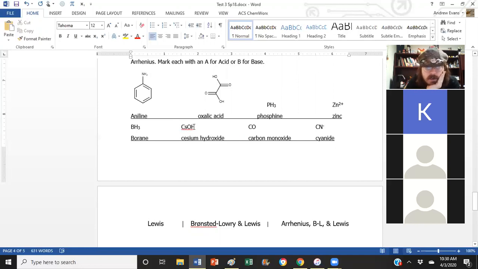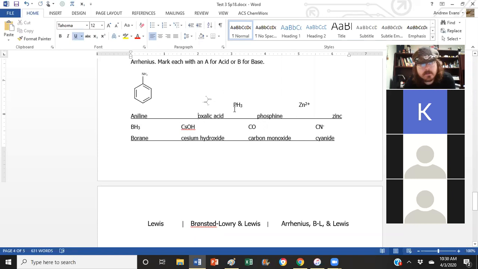So this guy would be an Arrhenius base, but this guy and this guy will be a Lewis base or Lewis acid, depending. Just looking at this, oxalic acid and cesium hydroxide are the only ones that could be classified as Arrhenius.